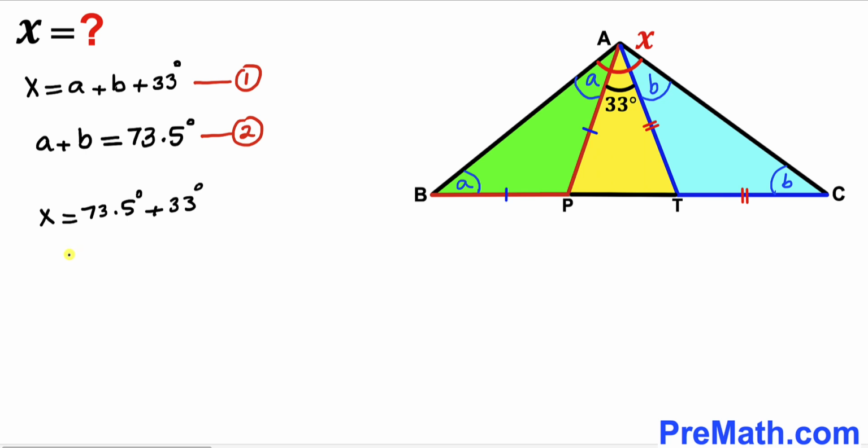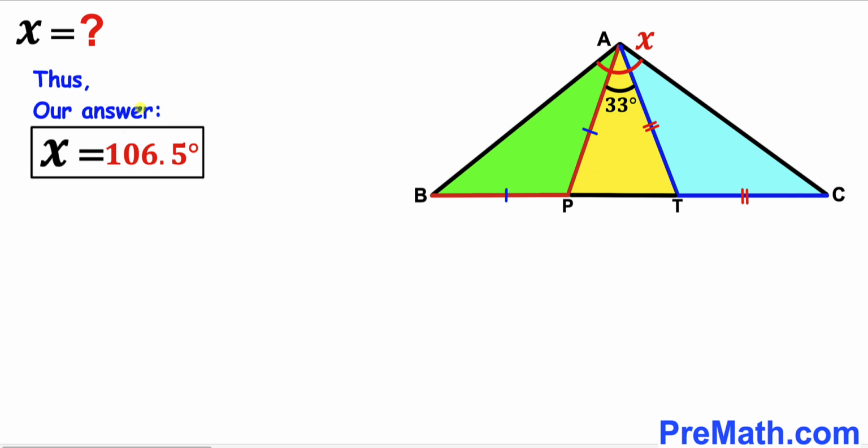If we add the right hand side, our angle X turns out to be 106.5 degrees. So after all the calculations, our angle X value turns out to be 106.5 degrees, and that's our final answer.